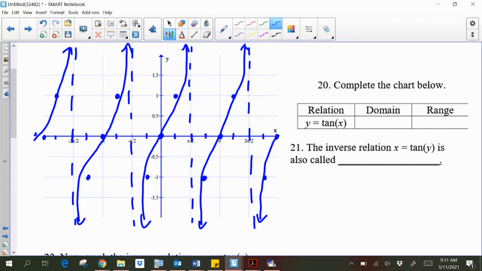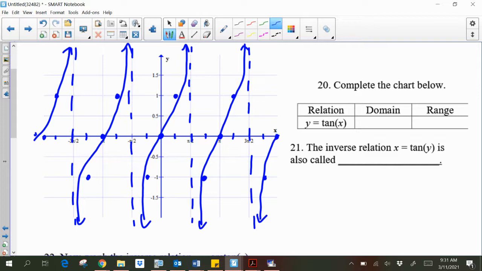We talked about this briefly last week, but the domain is complicated to write out. So we're going to write it out. But it's not as simple as what we've been doing, right? The problem is that we have an asymptote at every odd integer multiple of pi over 2, at 1 pi over 2 and 3 pi over 2.